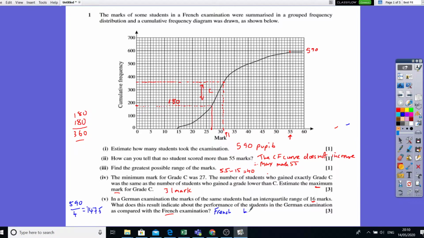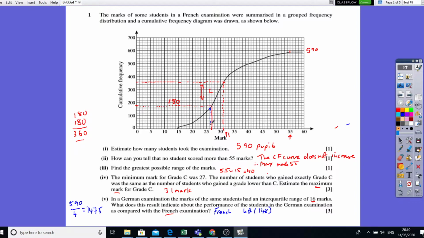Lower quartile is where? 148 into frequencies. Let's look at 148. So that's 100 and 20, 40 and 8 is in the middle. So if we went about there, again, 20, 40, 8 is about there.